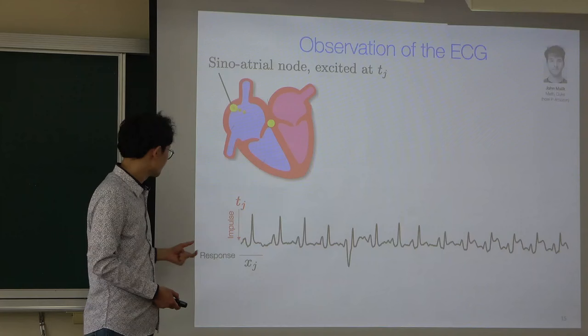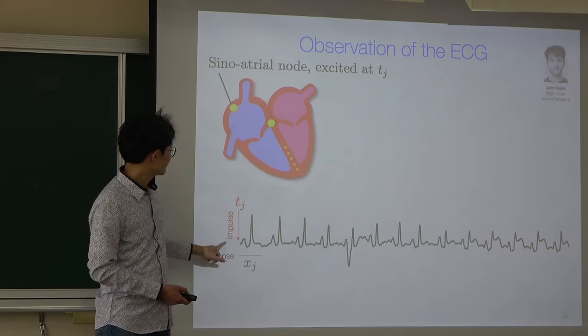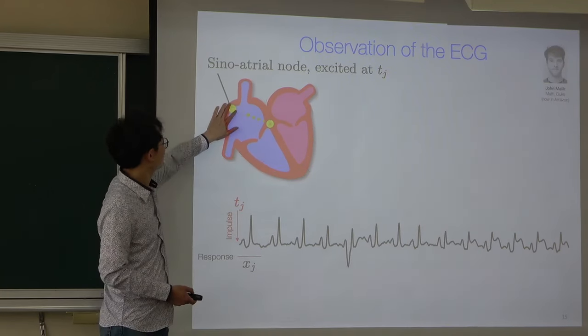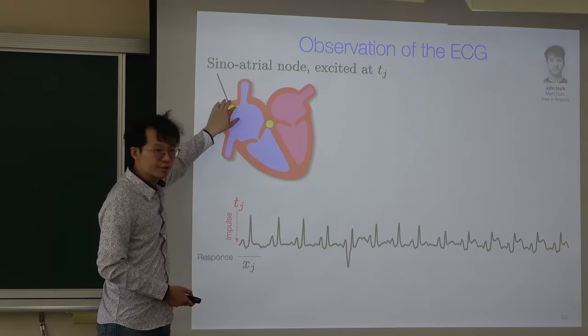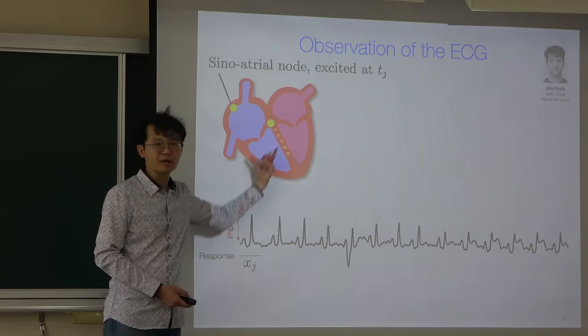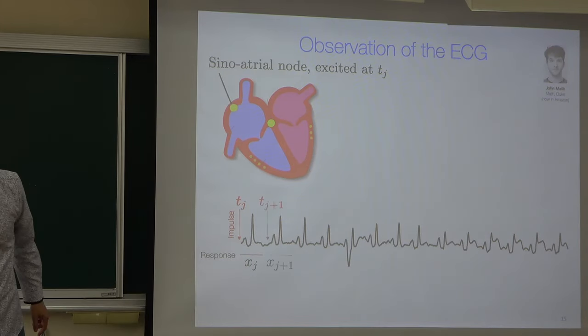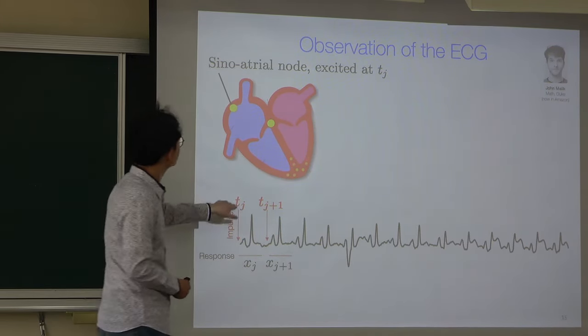So you can view that at time tj, there is an impulse stimulation from the SA node. This stimulation causes some kind of response of the heart, and you record it again and again.